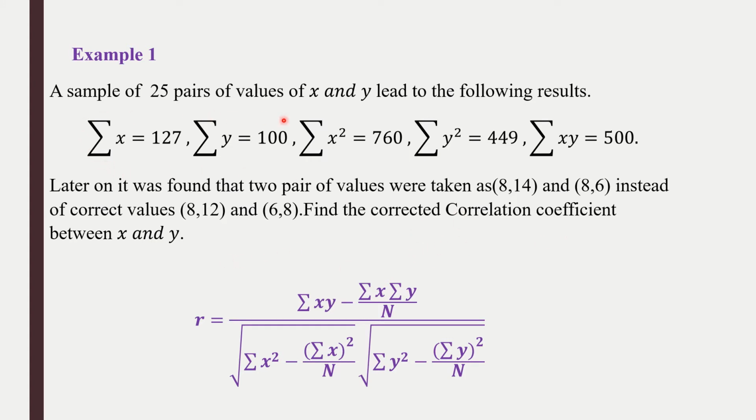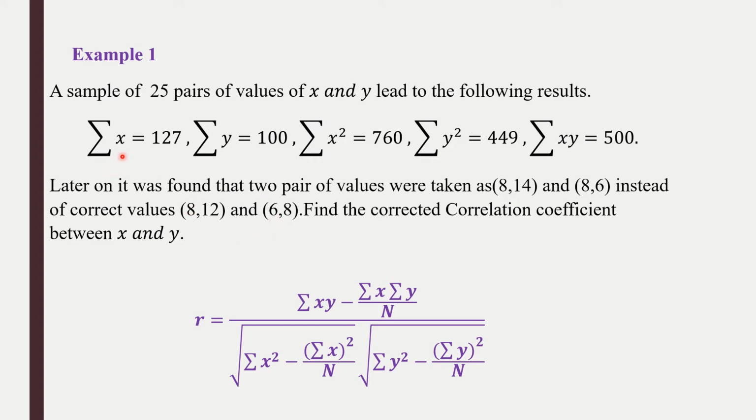So we have to calculate now corrected all these summations. The coefficient of correlation was calculated based on these summations, but later it was found that these values were taken wrong instead of these values. So now we have to calculate the corrected coefficient of correlation, which means all these summations are to be corrected by taking the new values or the correct values.